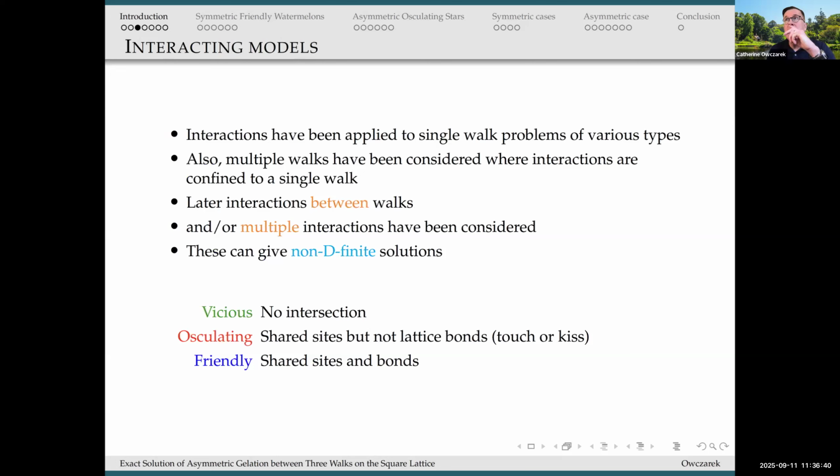Okay, so we take a basic model, a type of multiple directed walkers, and we add in different types of interaction, and these can give non-D-finite solutions. So the vicious walkers go back a long way, but there's a famous paper by Michael Fisher in 1984, which talked about vicious walkers.